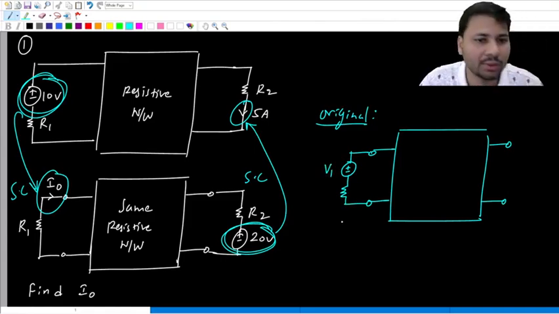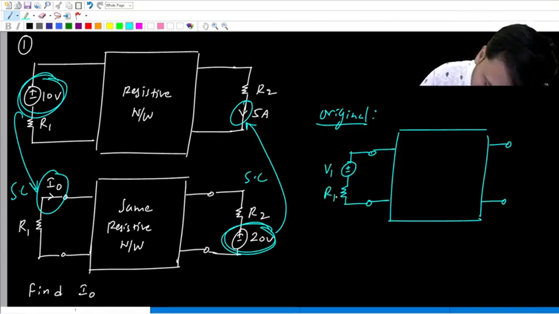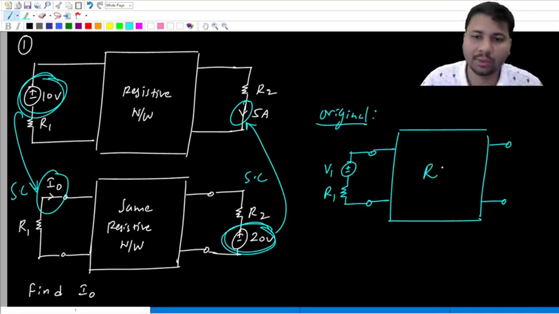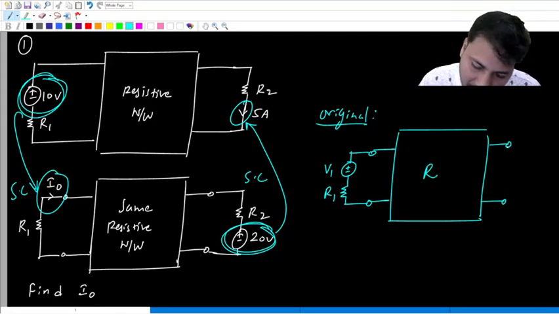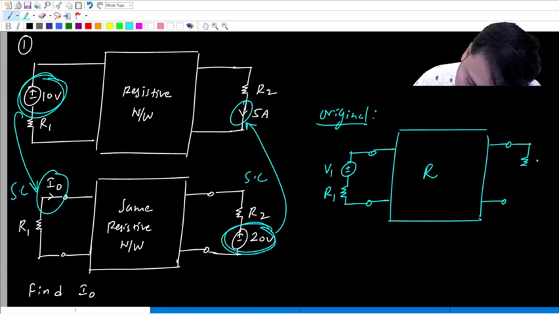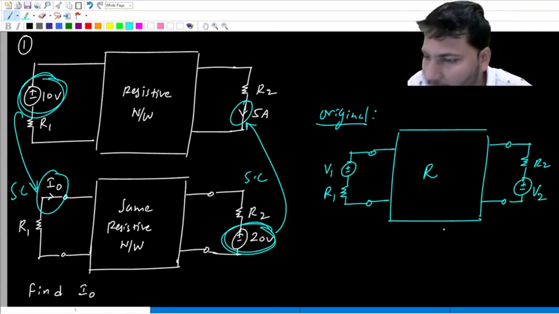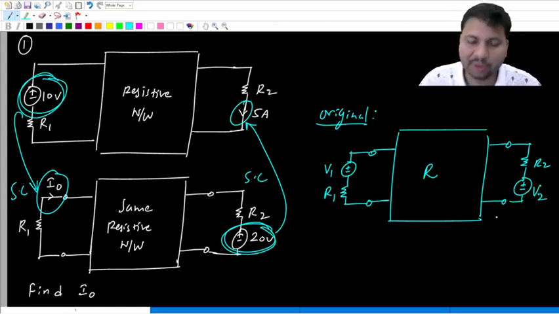That voltage source, we'll call it V1. Along with the voltage source, we also have a resistor R1. This is the resistive network. Right hand side, we have a resistor R2 and also a voltage source, voltage source V2. Okay. That's all. This might be the original circuit.